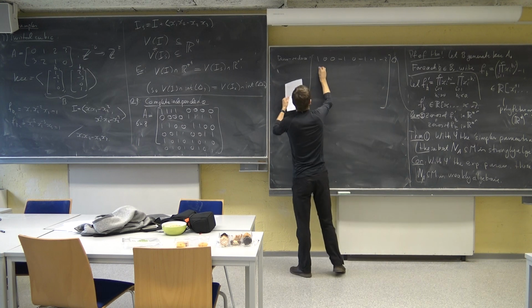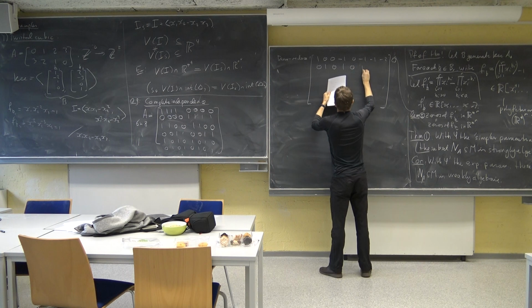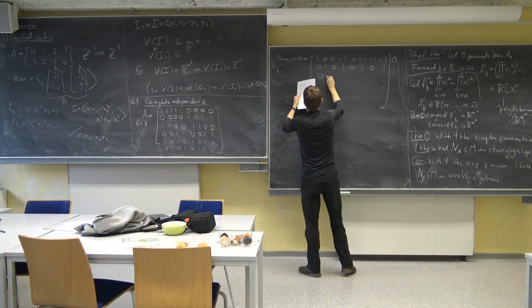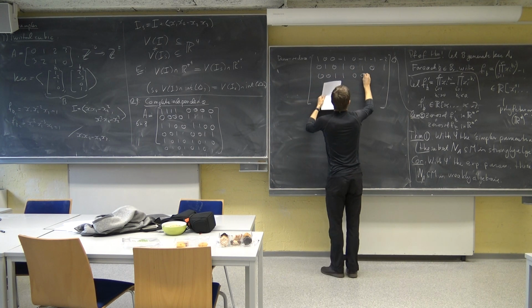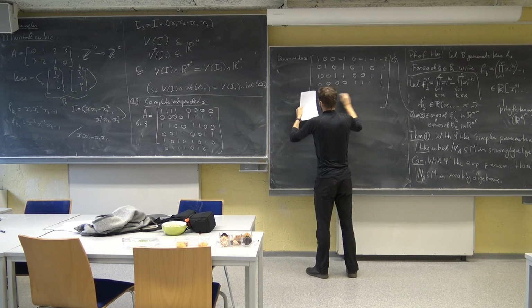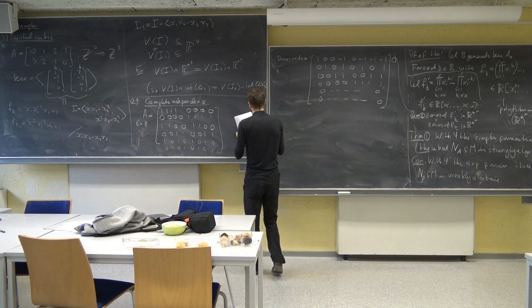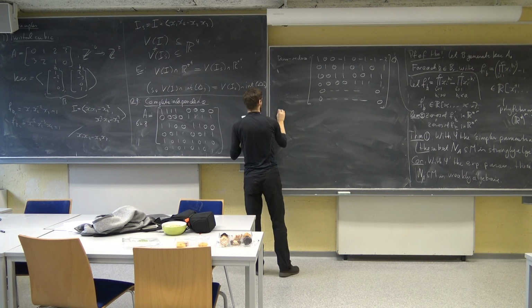Fortunately, all the other rows are easier. They get more and more zeros every time, as we should expect. And then the next 2 rows are just zeros.